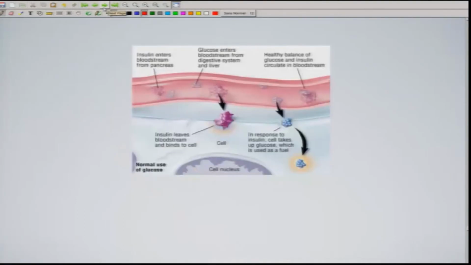Okay. Now, insulin enters into the bloodstream from the pancreas, glucose enters into the bloodstream from the digestive system and liver. So, what happens is a healthy balance of glucose and insulin circulates in the bloodstream, because the insulin helps the glucose to be absorbed.